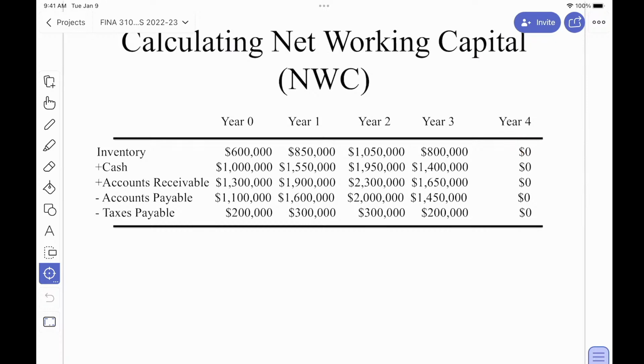So we don't need anything for this project. So let's put these together, and by computing, what we're computing is called the net working capital, NWC, requirements. So add these and subtract these, and what do you get?